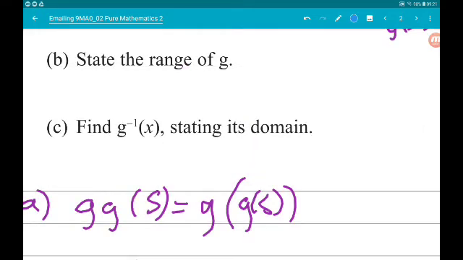Okay, then part C, for 3 marks, wants us to find the inverse g function, stating its domain. So the domain of an inverse function is the range of the function.